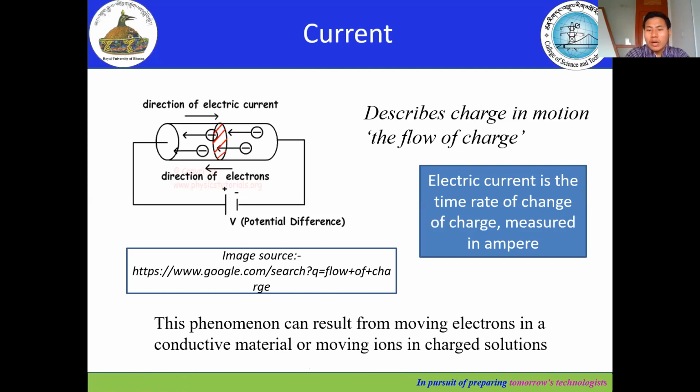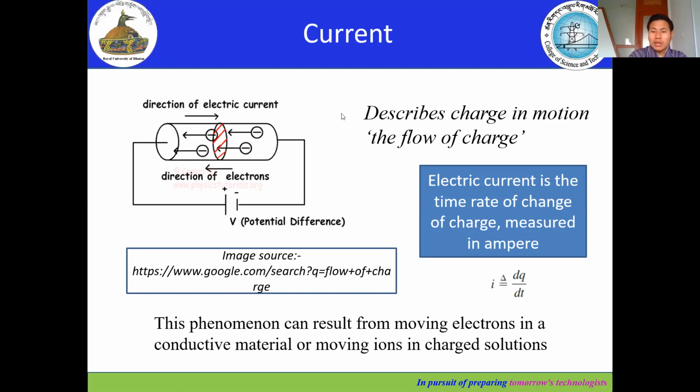In other words, you can define electric current as the time rate of change of charge, which is measured in ampere. Ampere is simply the charge divided by the time.